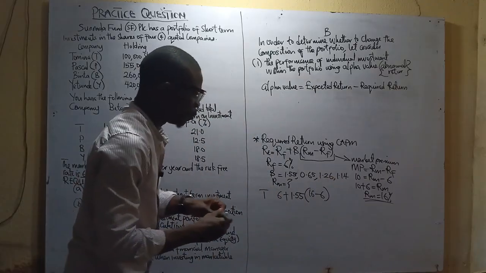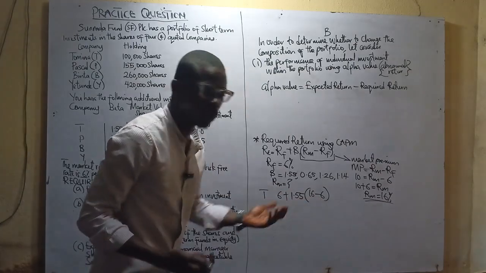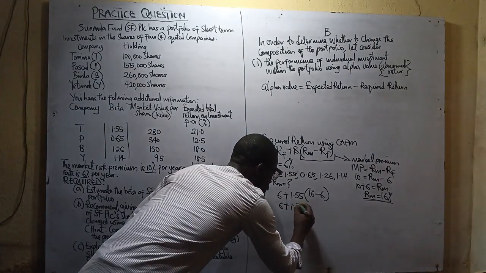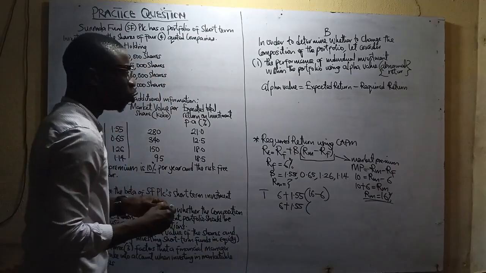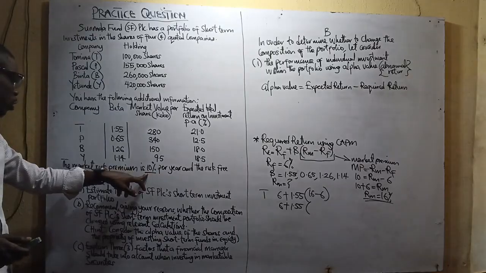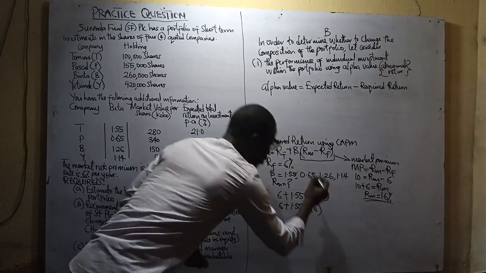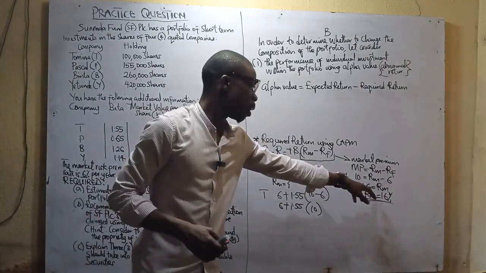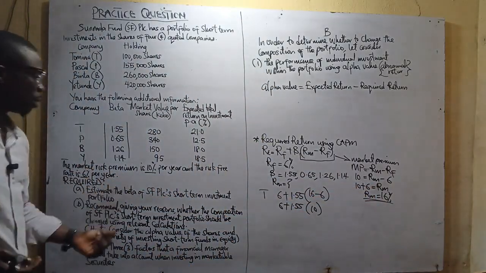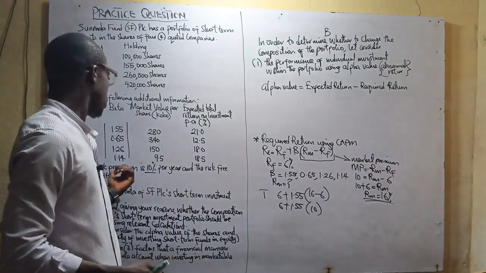So look at it now. 16 minus 6 will give us what? 10. So you can decide to rewrite this as 6 plus 1.5 times, and just write the market premium, since you know your market premium in this question is 10%. So instead of calculating the return of the market, since you are given the market premium as 10%, instead of writing 16 minus 6, you have been given the market premium directly in the question.